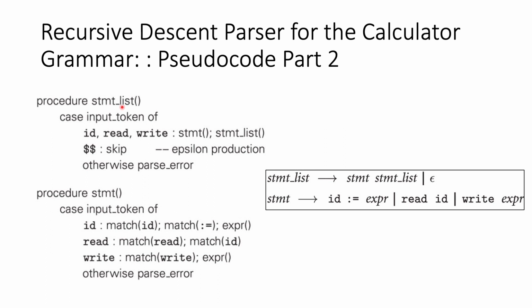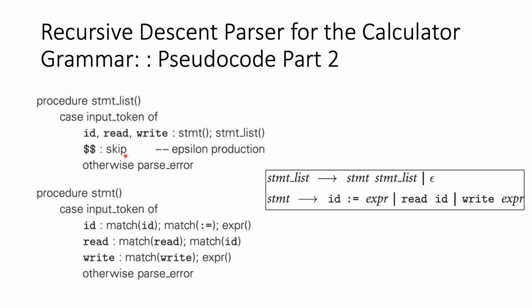When the STMT list routine is called, it checks if the current input is an identifier or read or write, and if so, it calls the STMT subroutine followed by the call to the STMT list itself.